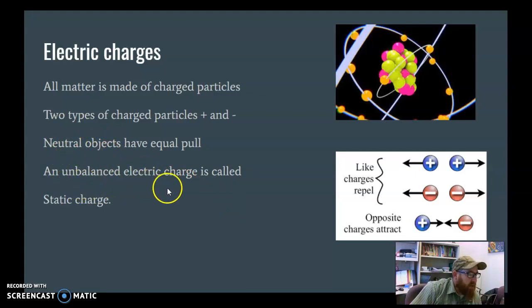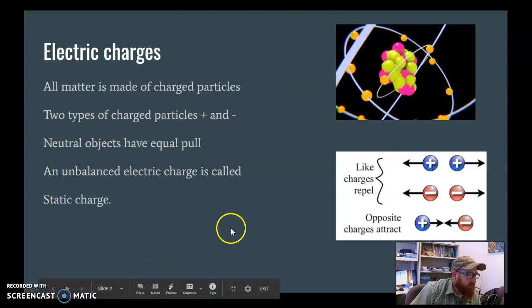So when we have this unbalanced electrical charge, they call it a static charge. If we have an object that has more negative than positive, or more positive than negative, then we can have a static charge on those objects.